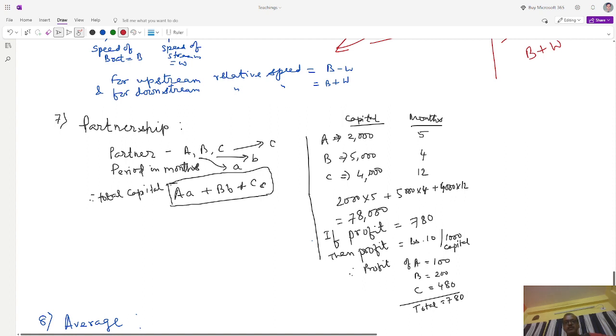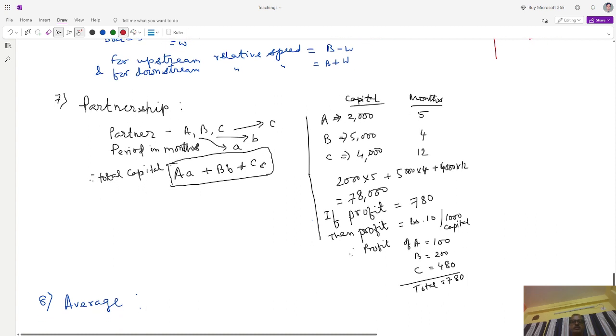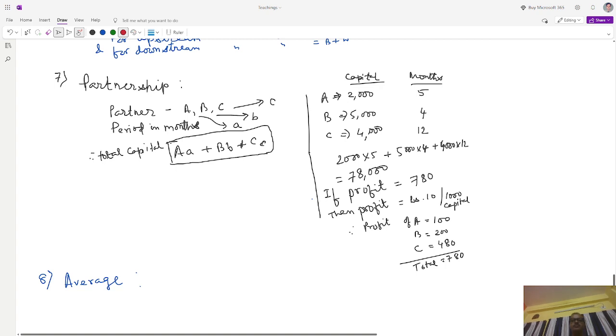If the profit is 780 rupees, then the profit is rupees 10 per 10,000 capital. So the profit of A equals 100, the profit of B equals 200 and the profit of C equals 480. Therefore, the total is 780. In this way, the profit will be distributed among A, B, C.